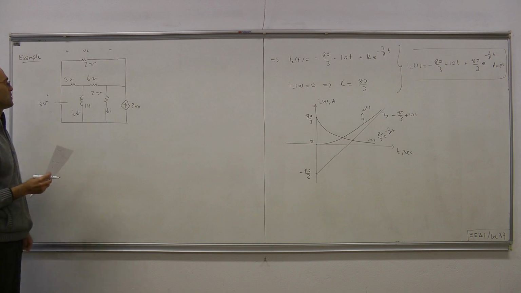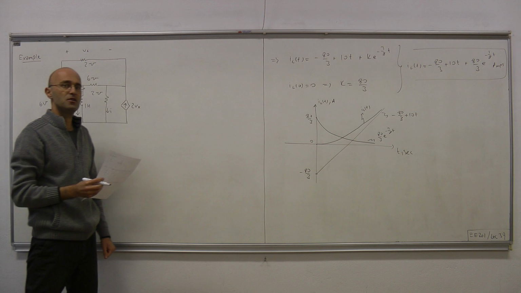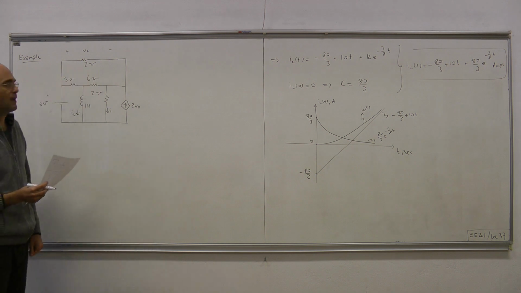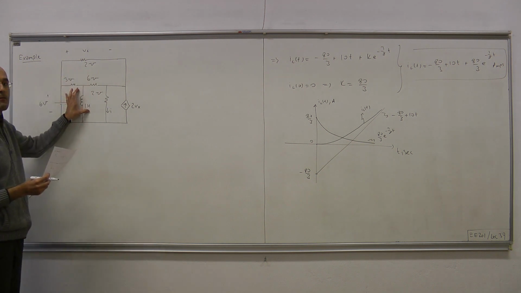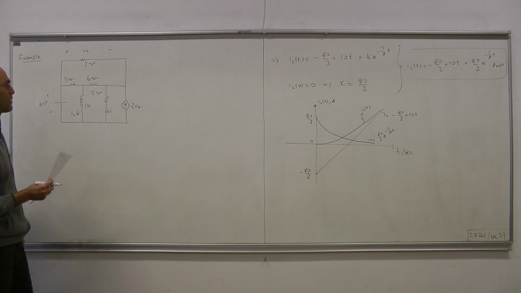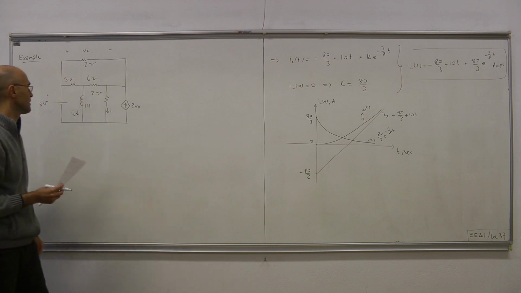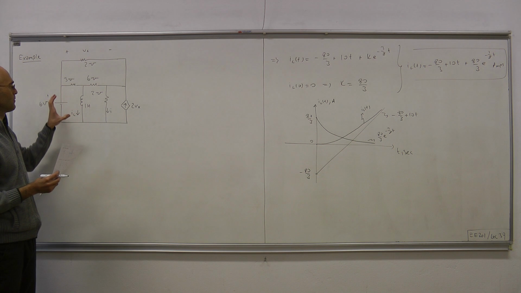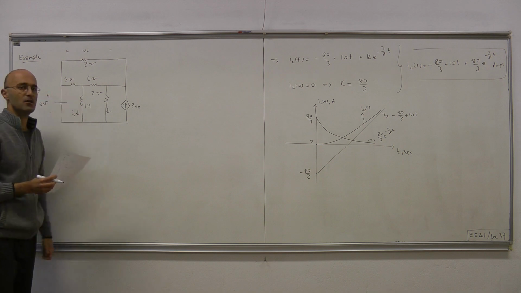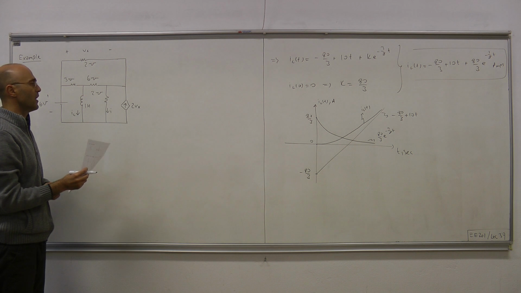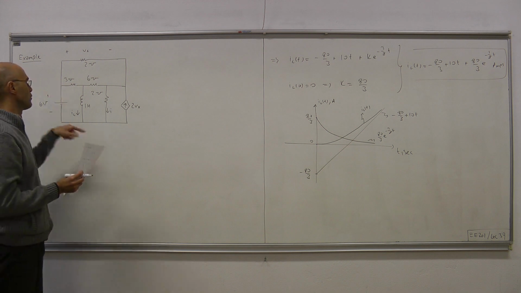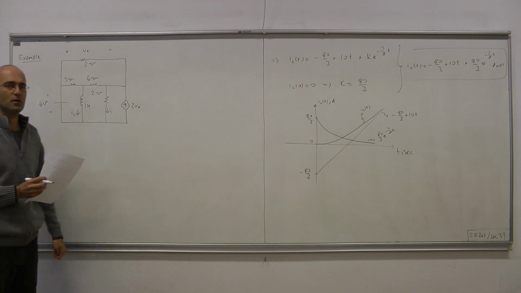Even though it has many components, this is nevertheless a first order LTI circuit because we have a single dynamic component, an LTI inductor, and the one-port or the rest of the circuit that the inductor is connected to is an LTI resistive circuit. Therefore the overall circuit is a first order LTI circuit.